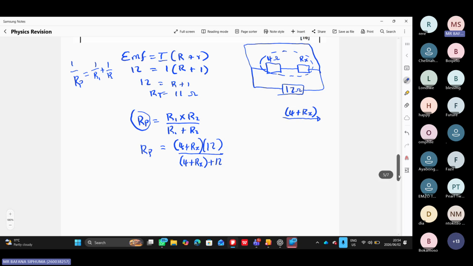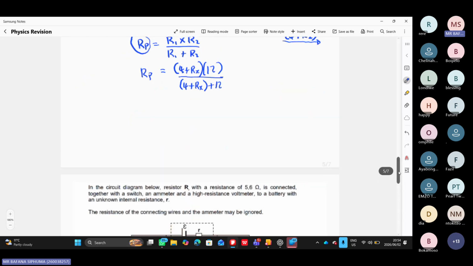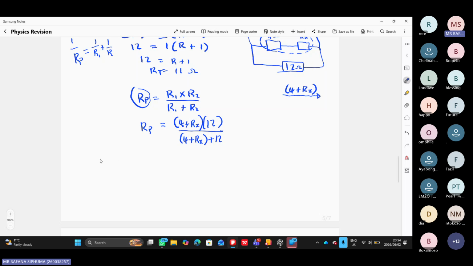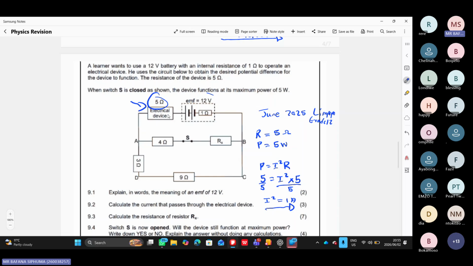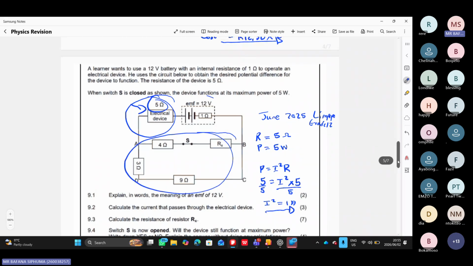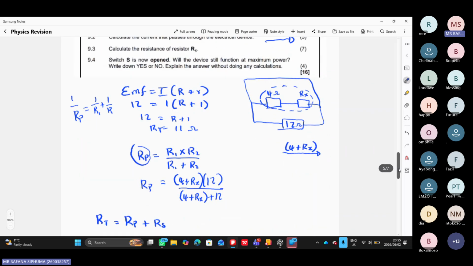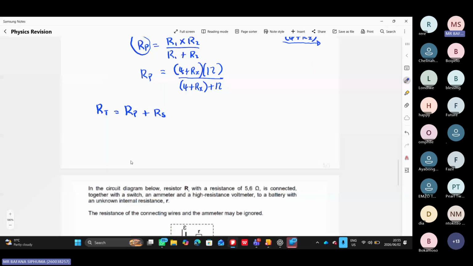So how are you going to find the total? To find the total, you say RT is equal to Rp plus Rs. Some of you know about this formula. The total resistance is the addition of your series resistance and the parallel resistance. That is why I have added them like that. So what was your total resistance? It was 11.